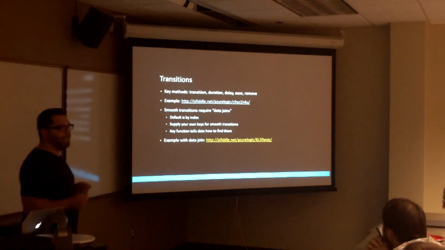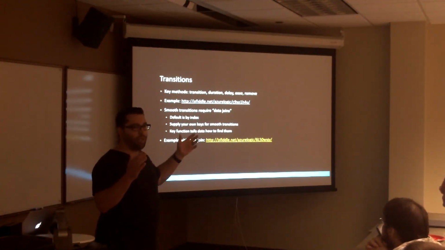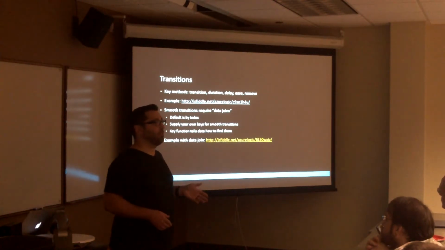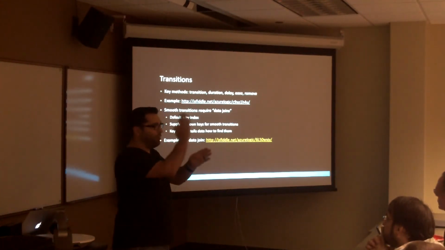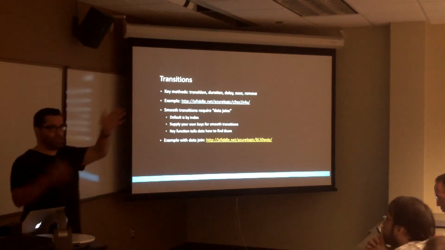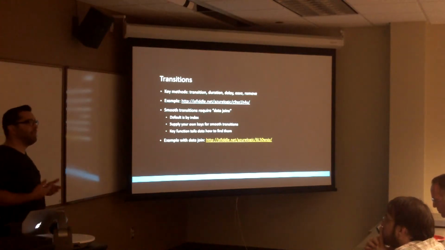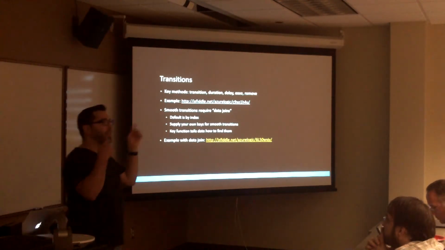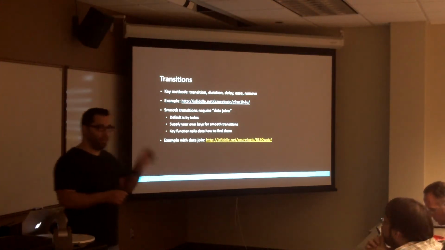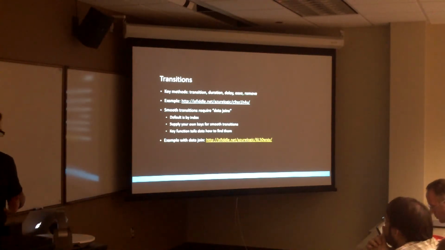SVG has no idea that I changed them by actually sliding the data, because all it's looking at is index positions. It's able to identify, well, this was the one in index 0, now this is the new value in index 0. So we need to create these kinds of smooth transitions where things can slide, we can actually move things around on the screen. We need to have data joins.